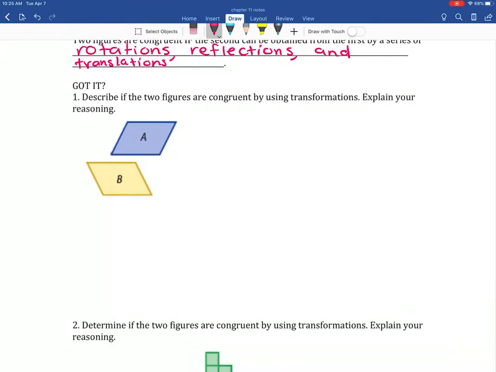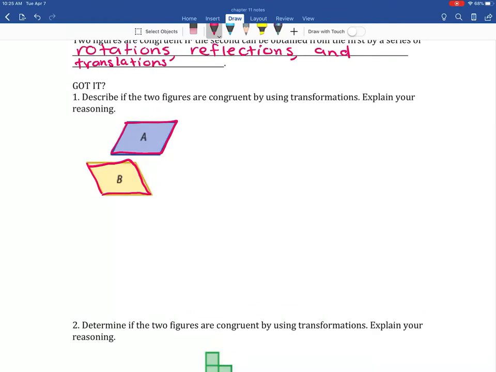Explain your reasoning. So they're asking me, can I move A in some way, shape, or form to get the exact shape of B? Well, they look to be exactly the same size. They also look to be the same shape, except A is tilting more to the right and B is tilting more to the left.